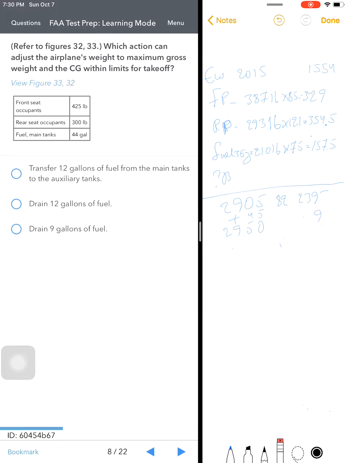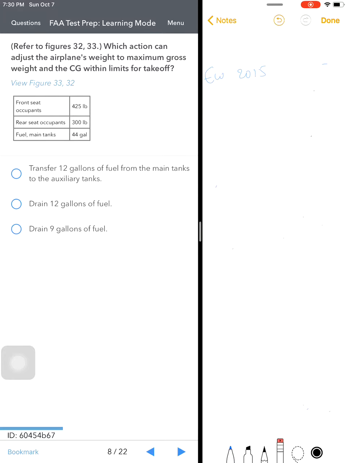Going to the next question. Next question is almost the same. So I hope you guys understood the general meaning of it, how it's done. All right, and let me get this pencil cleared off this thing. Okay. All right, perfect.